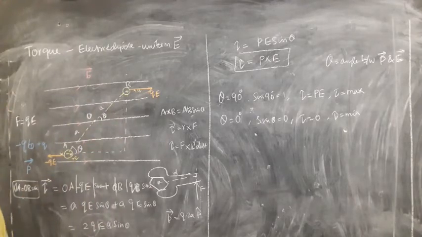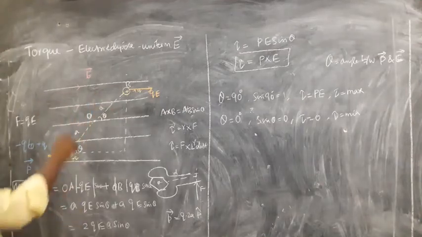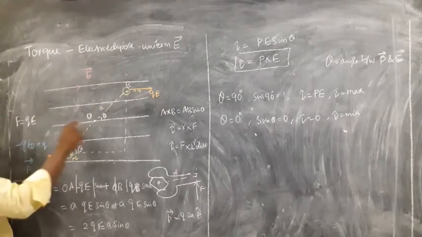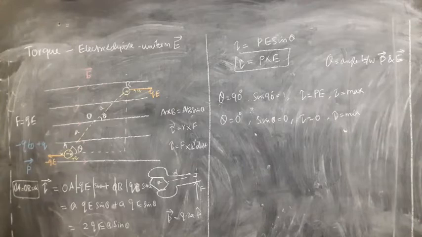If the dipole is placed in a non-uniform electric field, what is a non-uniform electric field? Here it's uniform, equally spaced, and all the electric field lines flow in the same direction.